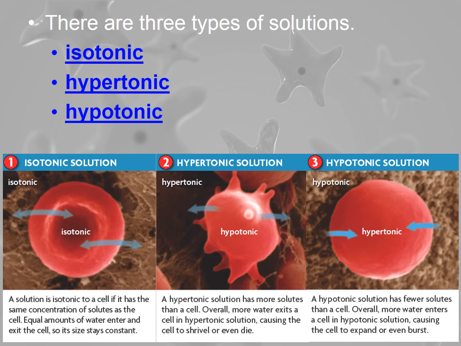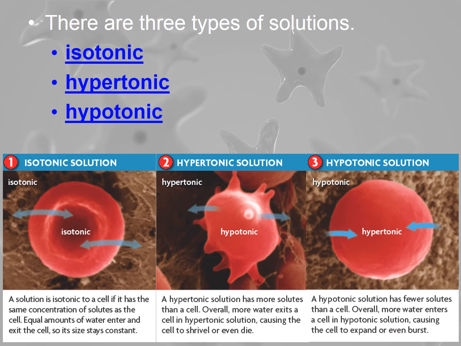So next time, hopefully it won't be anytime soon, but if you ever need fluids again, take a look at the bottle and see if you can find that they are giving you a 0.9% saline. Sometimes they give you another one that's called lactated ringers, but if you look carefully at it, you'll see the concentration is pretty close to 0.9%.